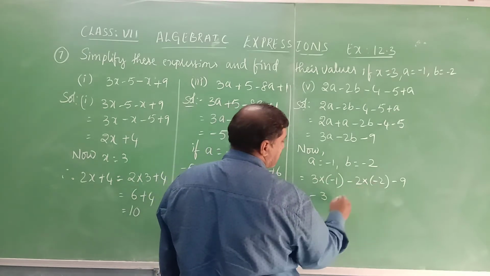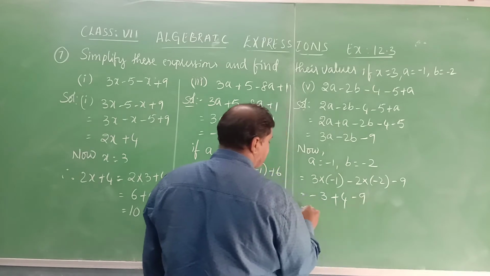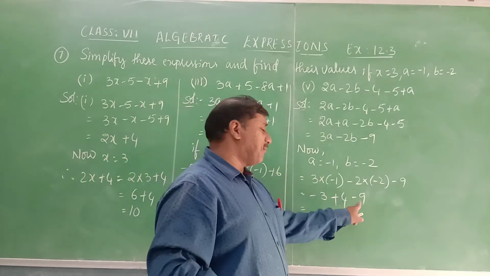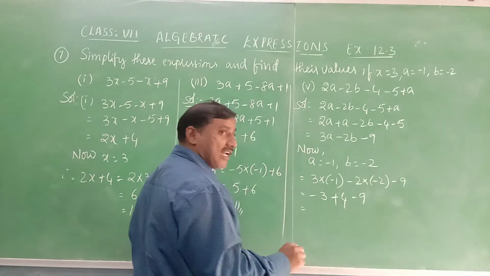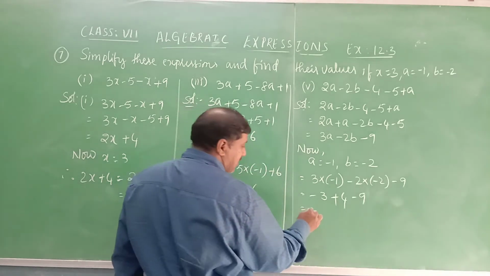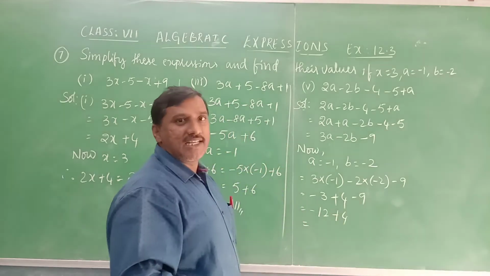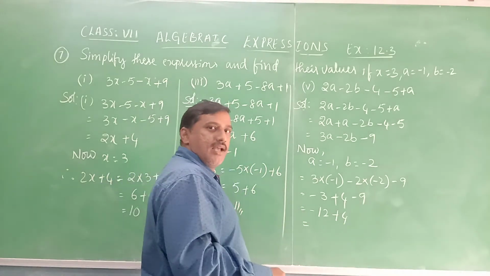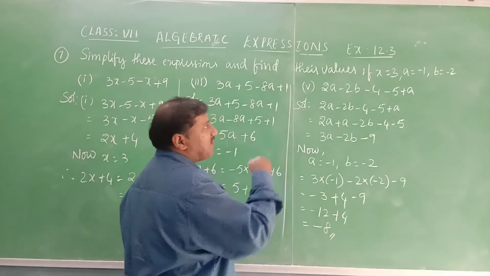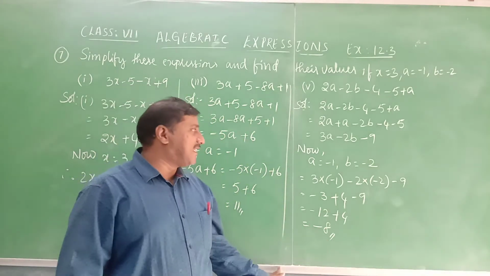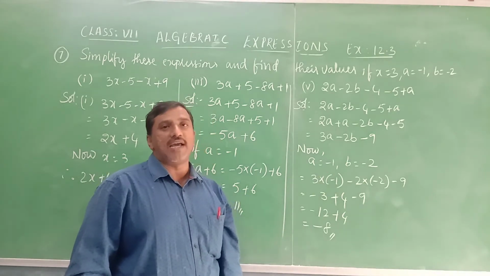Minus into minus is plus, 2 into 2 is 4, minus 9. Now minus 3 minus 9, both are negative integers. Add them, minus 3 and minus 9, how much do we get? Yes, it is minus 12 plus 4. On simplifying minus 12 and plus 4, we get minus 8. So the value of this expression is minus 8 when a is equal to minus 1 and b is equal to minus 2.